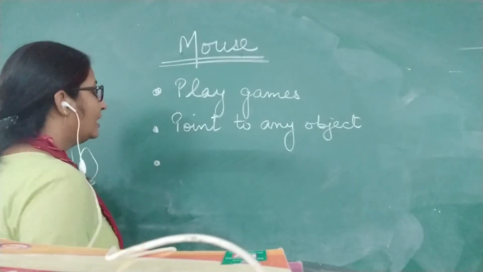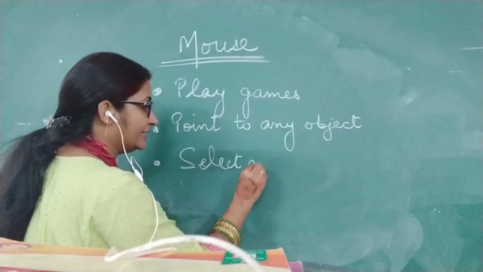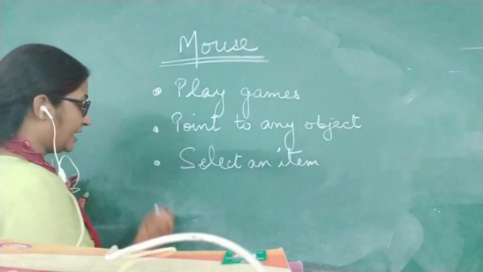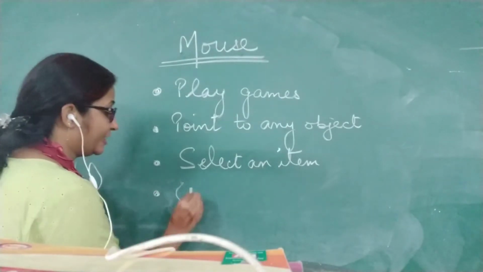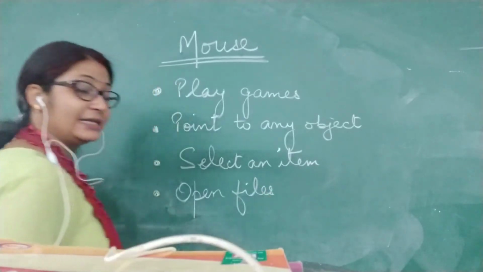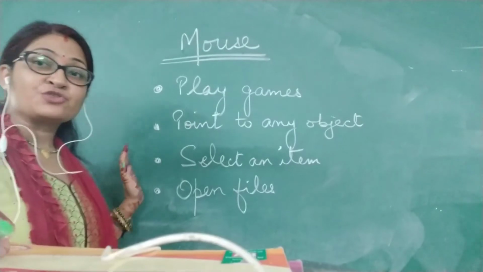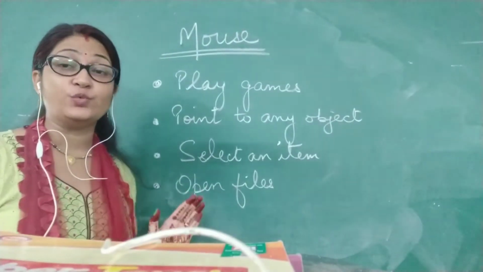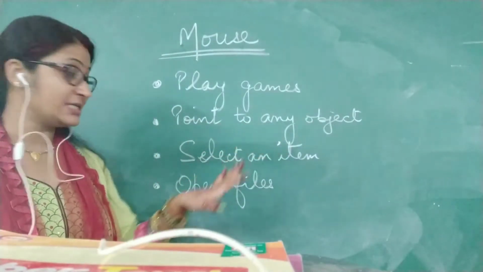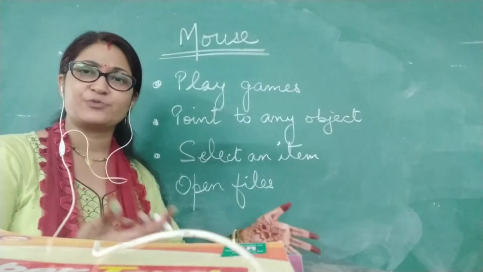Thirdly, you can select an item on your computer screen. And the fourth thing is that you can open files in the computer with the help of a mouse. So these are the four things that you can do with a mouse. You can play games, point to any object, select an item, or open your files, folders, programs, etc.